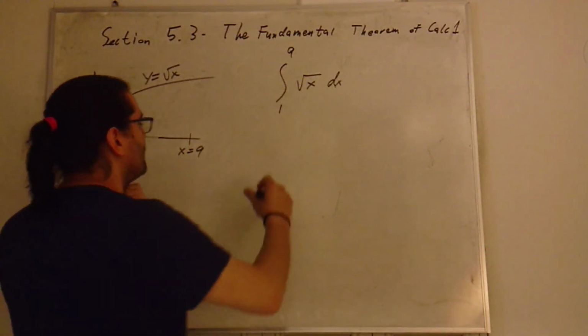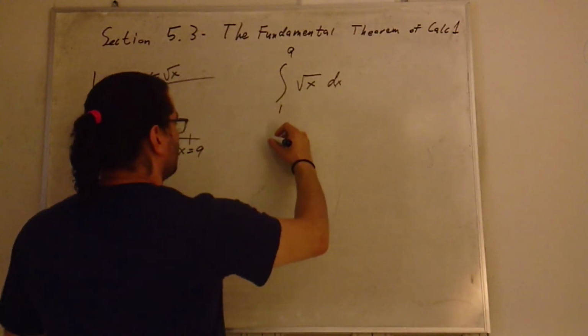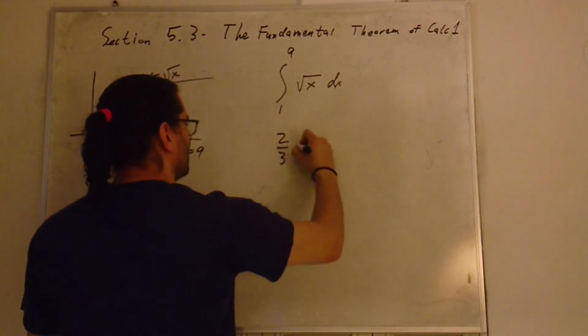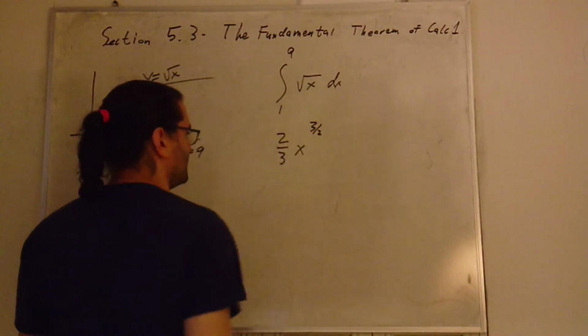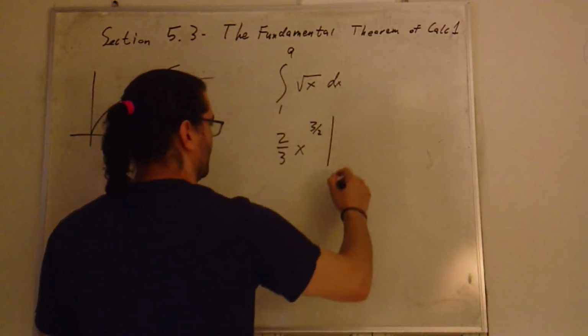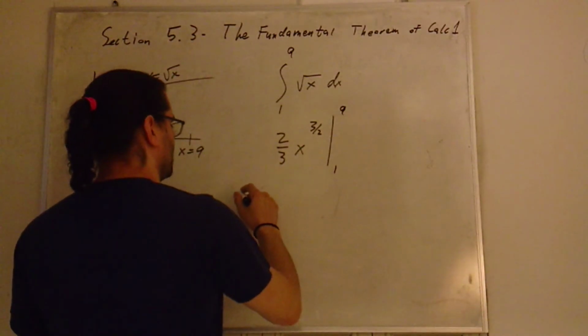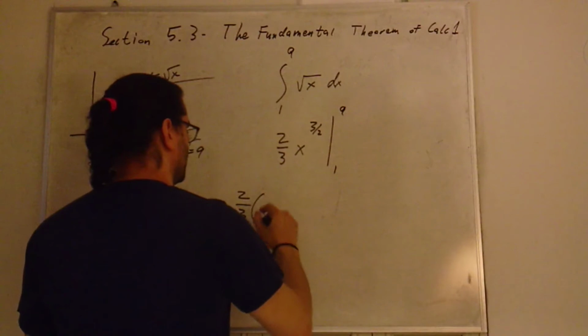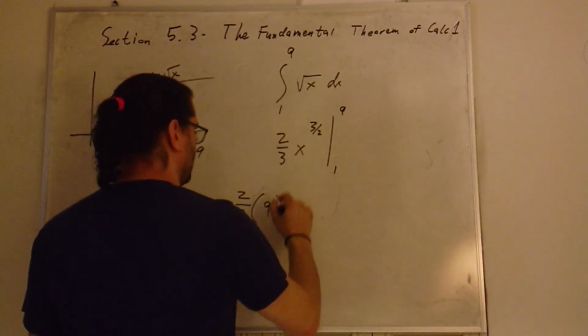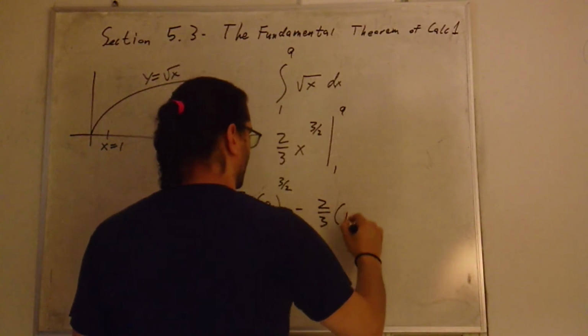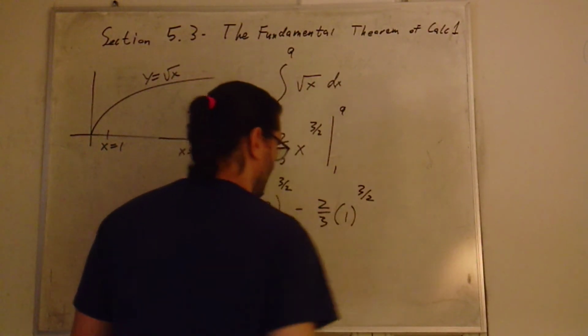The antiderivative of root x from the last video, hopefully you remember, is 2/3 x to the 3/2. And I'm evaluating this at 1 and at 9. So this will be 2/3 9 to the 3/2 minus 2/3 of 1 to the 3/2.